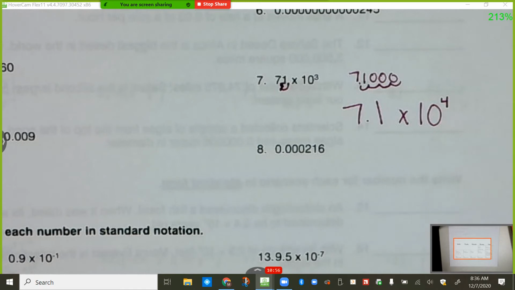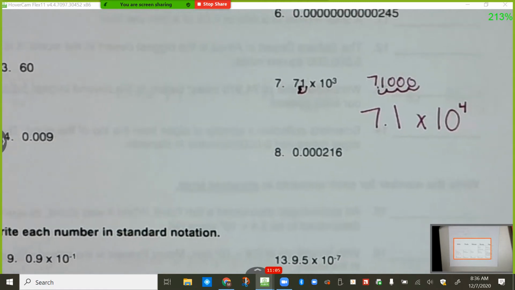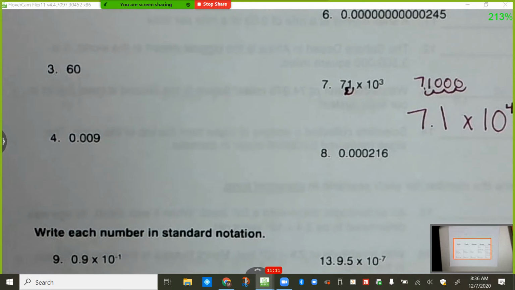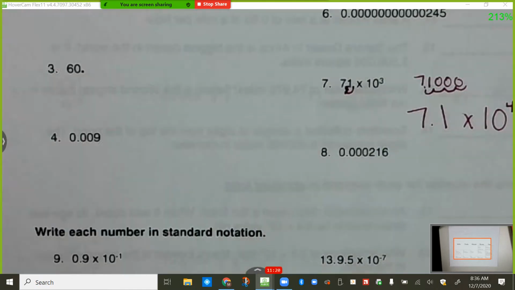Okay, one more. Look at number 3. Where is my decimal? Is it before the 6 or after the 0? It's actually after the 0. If there's no decimal, it's always on the right.